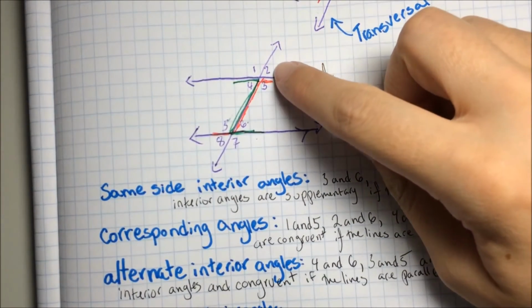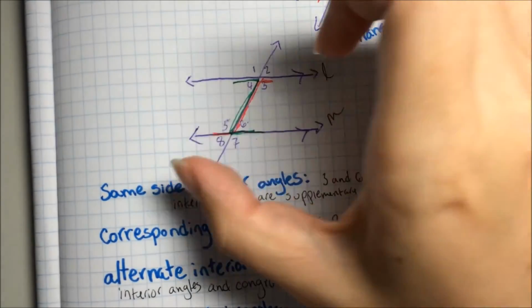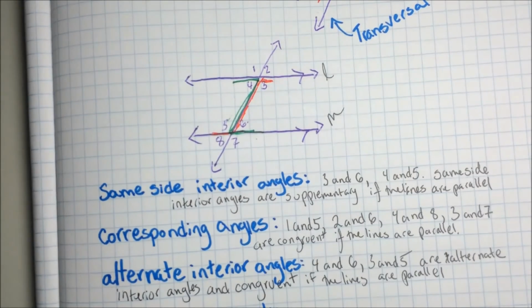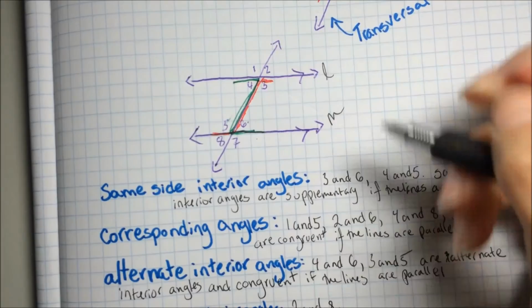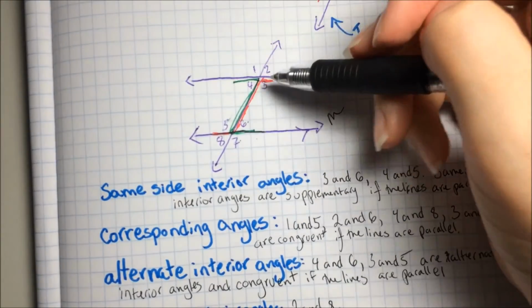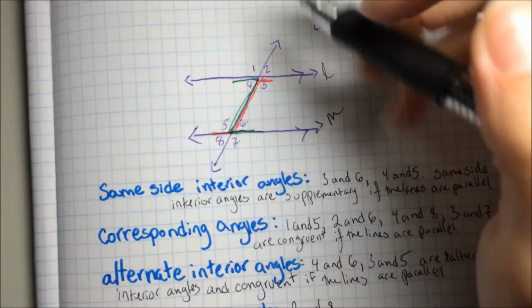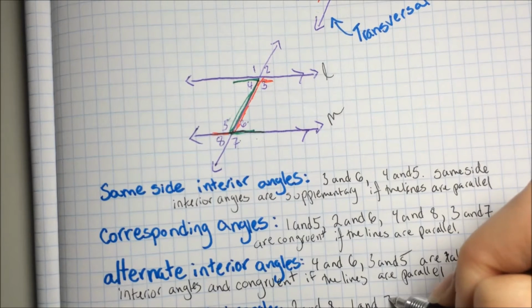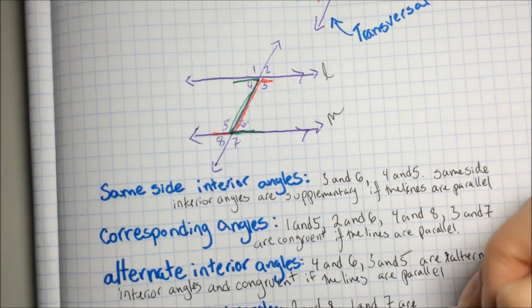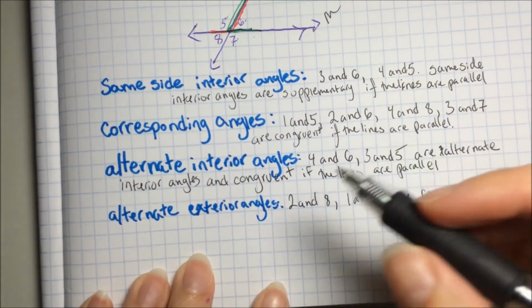So 2 and 8 are alternate exterior because they're on alternate sides of the transversal and they're outside the parallel lines. And 1 and 7 are alternate exterior because they're on opposite sides of the transversal and they're outside of the parallel lines. And they are congruent as well if the lines are parallel.